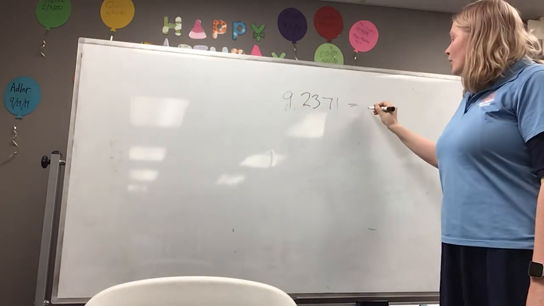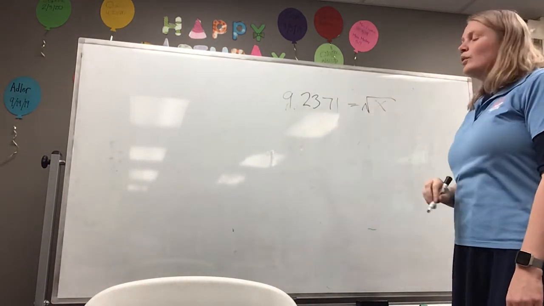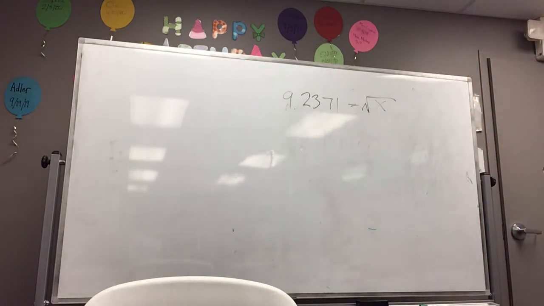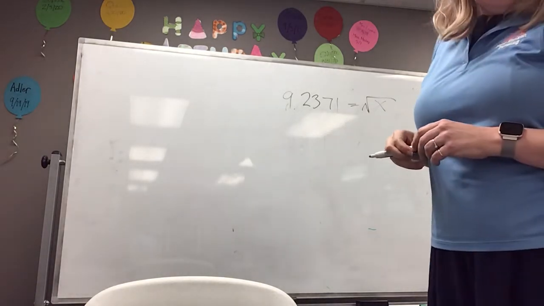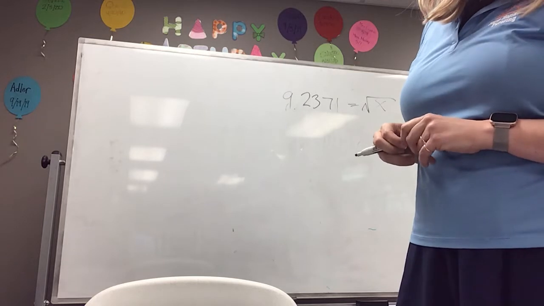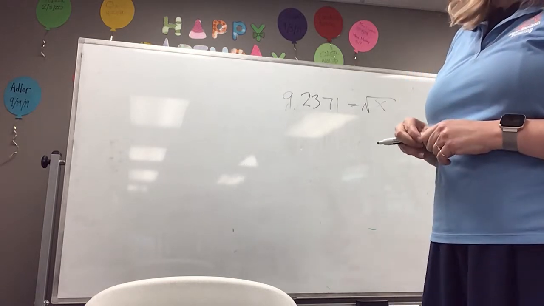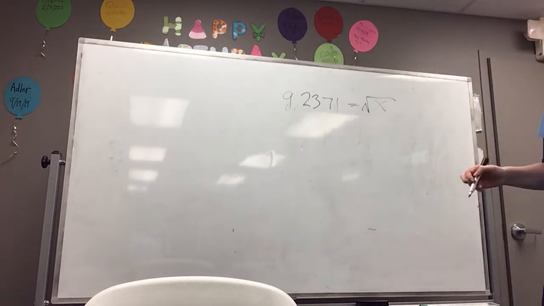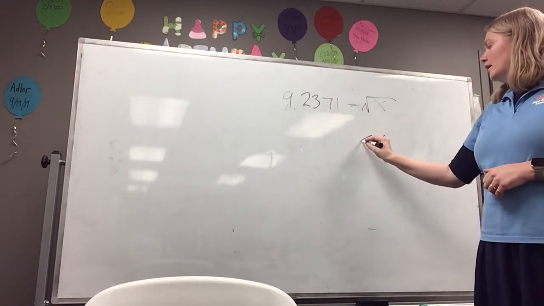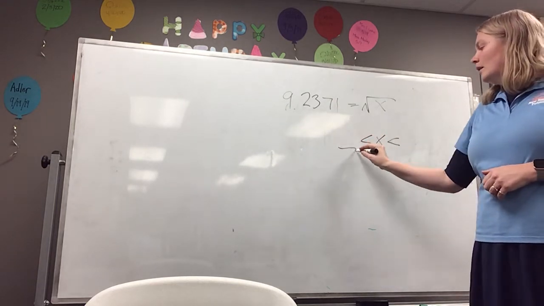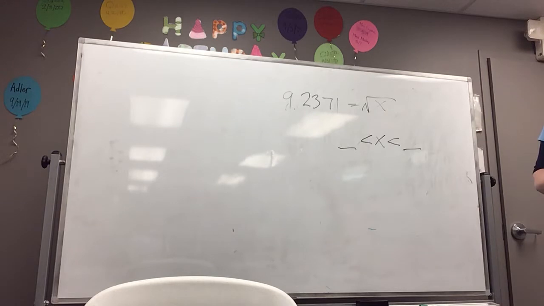So this equals a certain number square rooted. The certain number is between what two integers? So x is in between an integer and another integer.